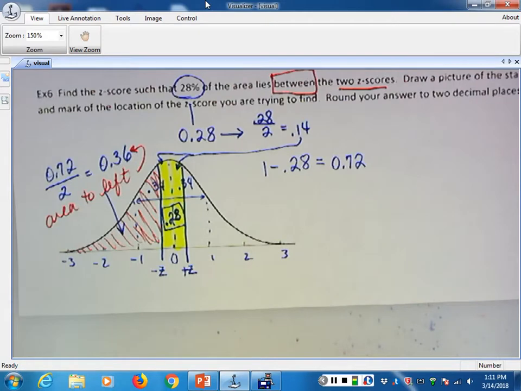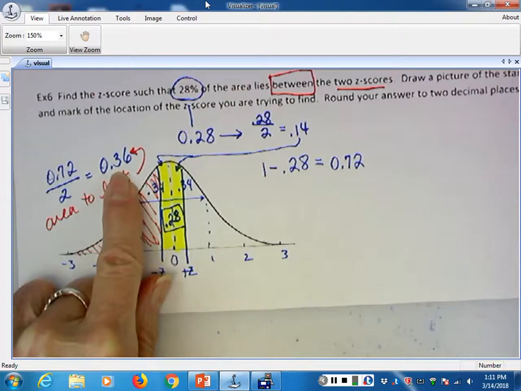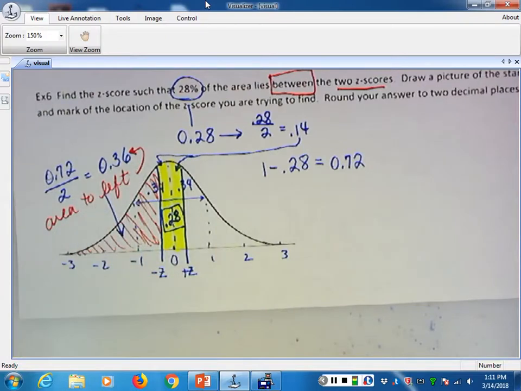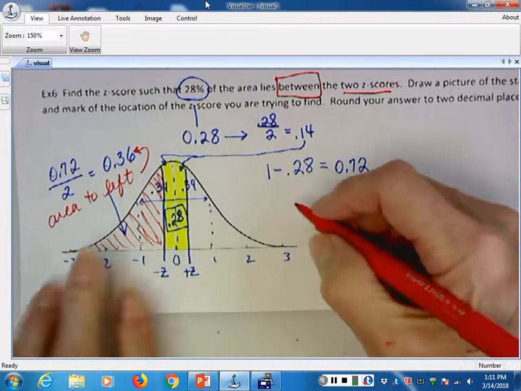So 50% minus 14% is also 0.36. As long as you understand the symmetry of the curve, you can figure out what the area to the left is using lots of different methods. But the area to the left then is 0.36.